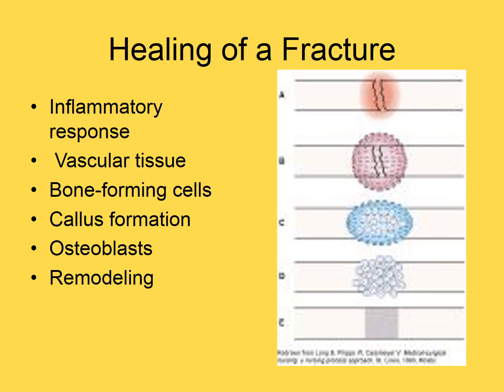Usually within 48 hours, the vascular tissue invades the fracture area, and the blood flow to the entire bone is increased. The bone forming cells produce a procallus along the shaft and over the broken bones. So the cells are formed.